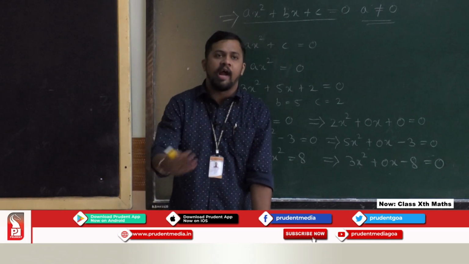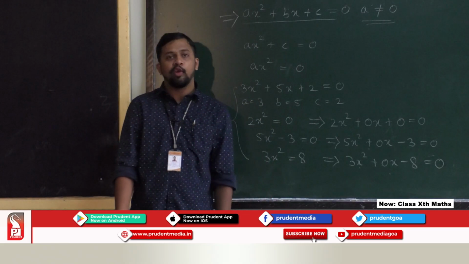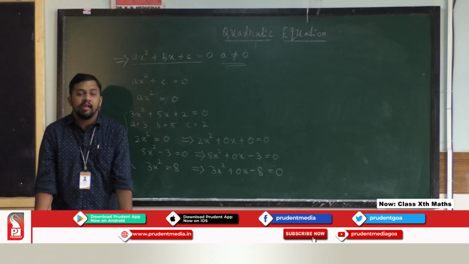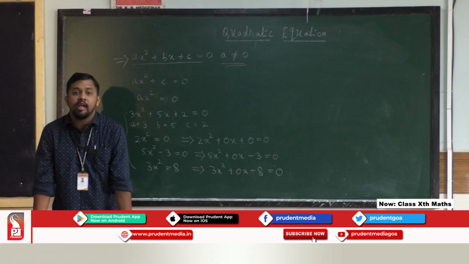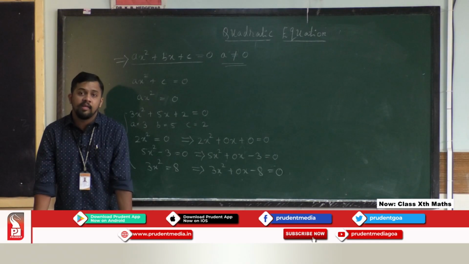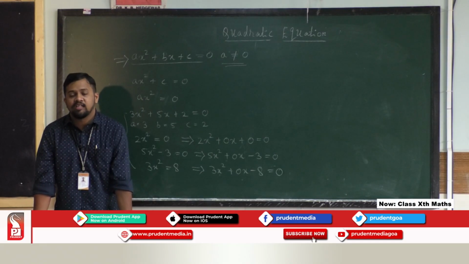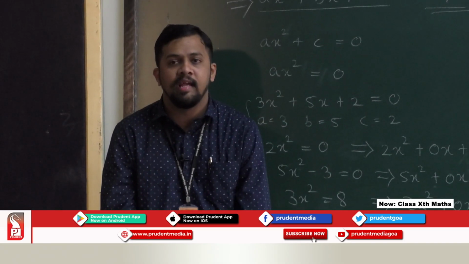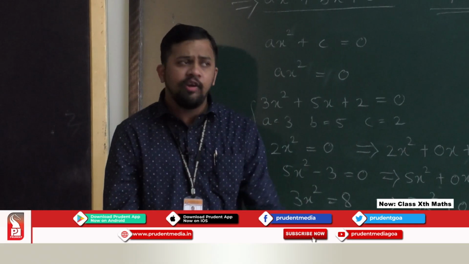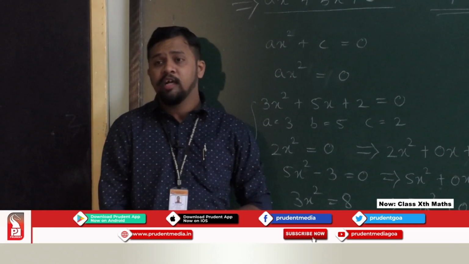To add a few more in cubic, one was a cube plus b cube, which is a plus b into a square minus ab plus b square. And lastly, a cube minus b cube equal to a minus b into a square plus ab plus b square. I will write those identities later when we are using them in problems.